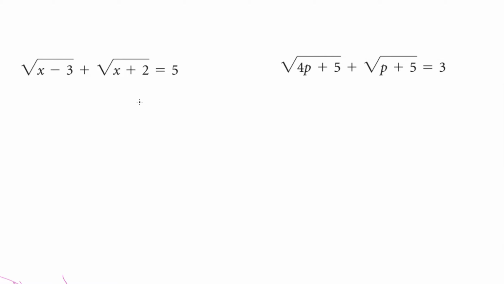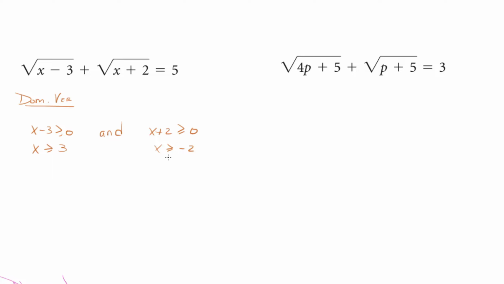Okay, so for this one, same thing. First we need to find the domain verification. X minus 3 has to be greater or equal than 0, and x plus 2 must be greater or equal to 0. Therefore, x must be greater or equal than 3, and x has to be greater or equal than negative 2.